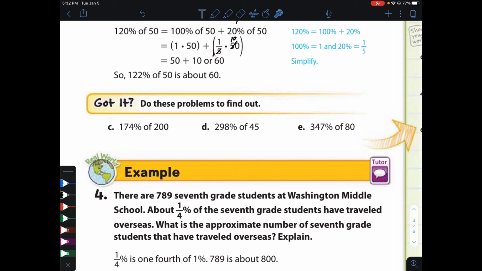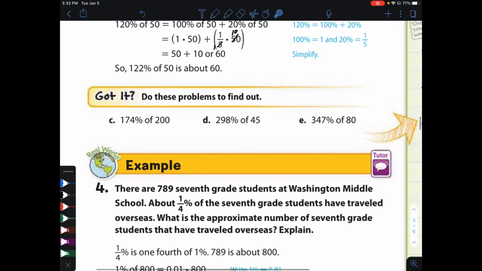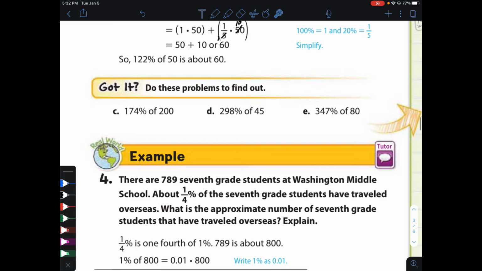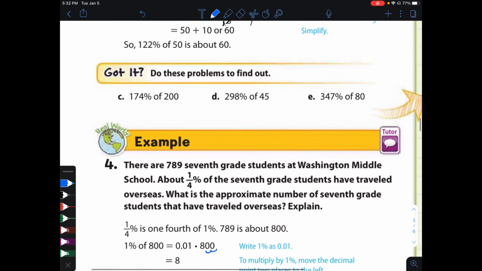Okay, so what we do now is we simply get 1% of 800, which is 0.01 times 800, or we simply move the decimal place 2 spaces to the left. So we get 8. So 1% of 800 is 8.